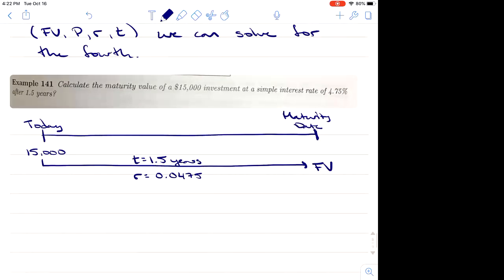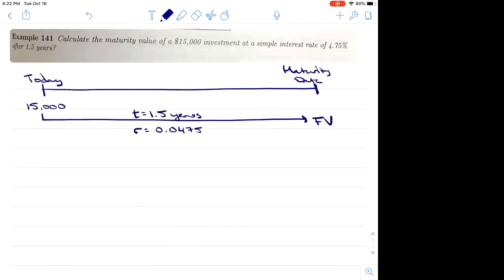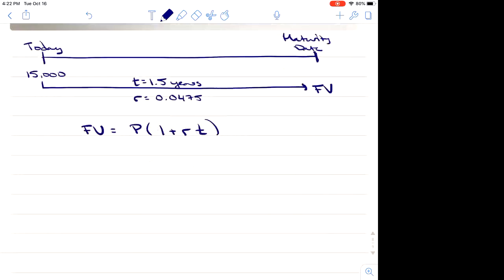Okay, so now we can use our formula. The future value is P times 1 plus RT. P was 15,000 times 1 plus the rate, 0.0475, and the time is 1.5 years.